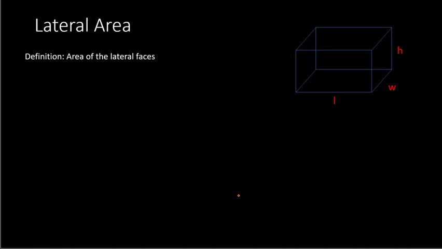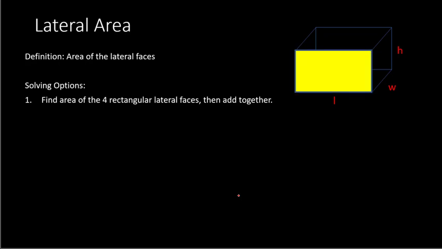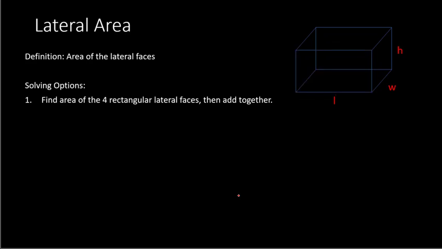We could do this two different ways. We could either, A, find the area of each of those rectangular faces and then add them together. So take the area of the front rectangle, add that with the area of the back, add that with the area of the right side, and then the left side. Put those all together, and that gives you the lateral area.